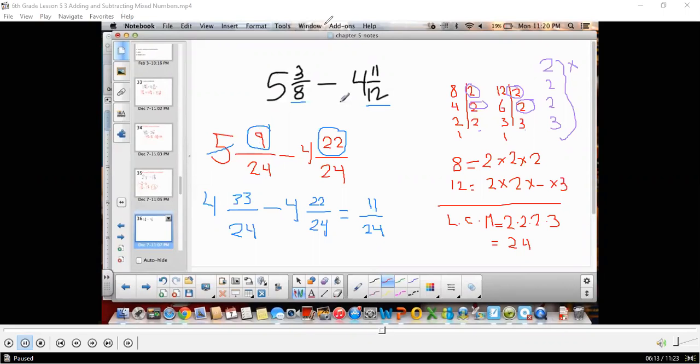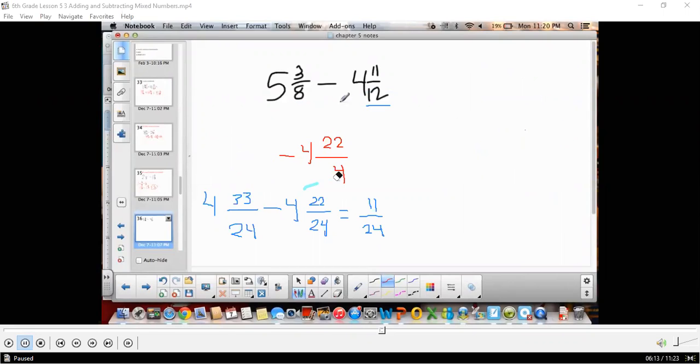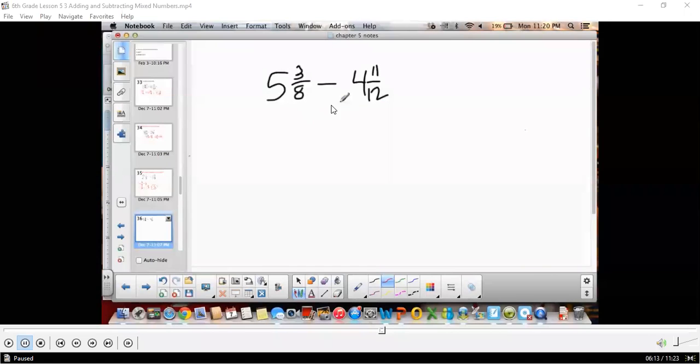Which way can we use? We can forget all of this, and change the two denominators from the beginning to make both of them equal 24. We already have 8 and 12, so I can multiply the first one: 8 to be 24, I multiply it by 3. 12 to be 24, I multiply it by 2.